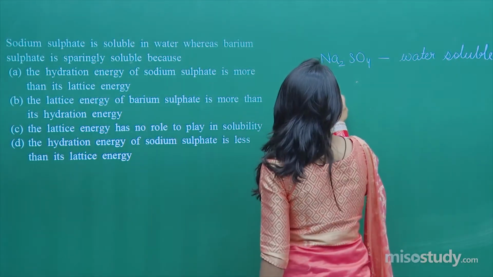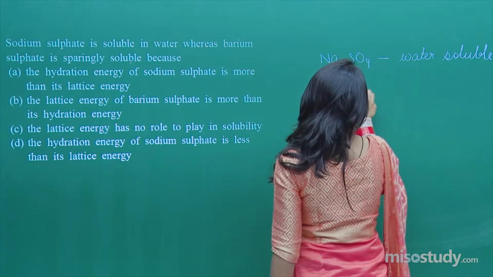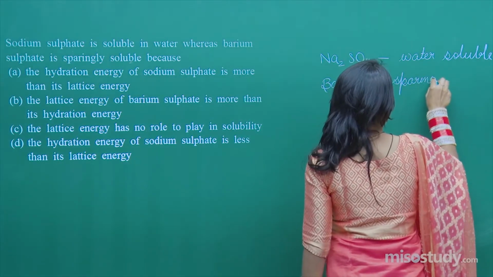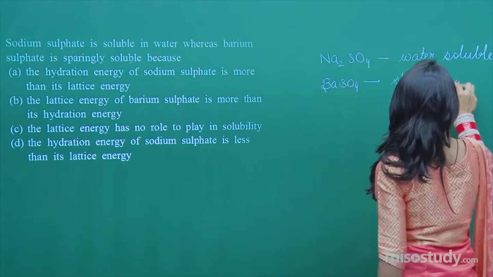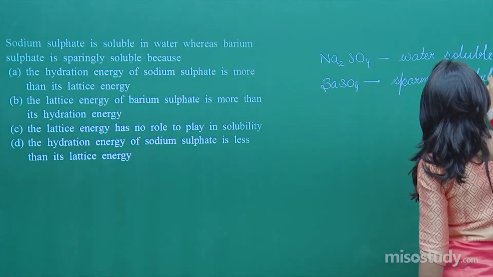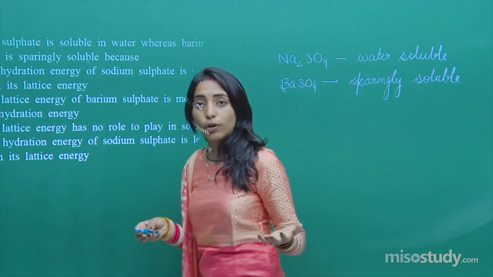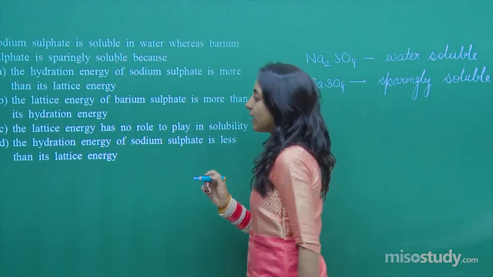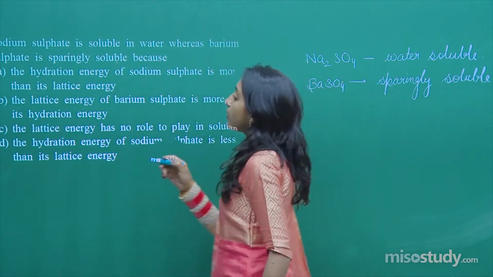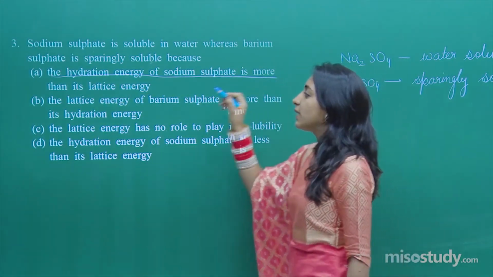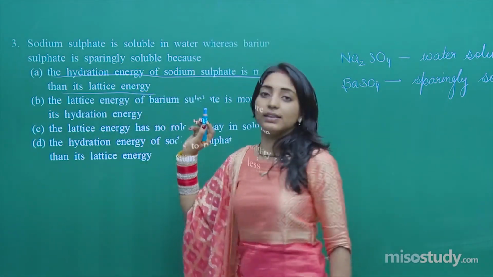Barium sulfate is BaSO4 and this is sparingly soluble. Sparingly soluble means not much of the BaSO4 that you add to water will be dissolved in water. Now the question says the hydration energy of sodium sulfate is more than its lattice energy.